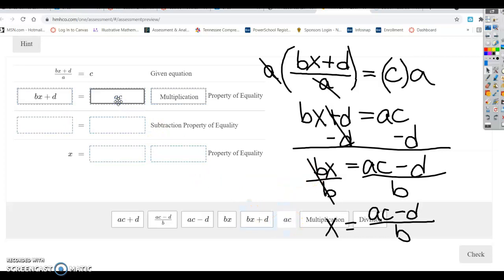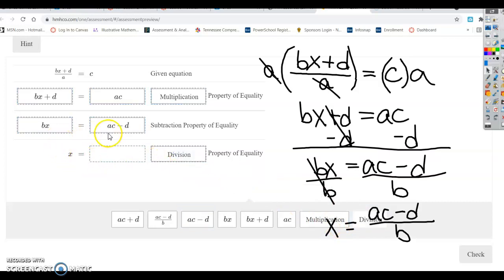Good. Then it says subtraction property, so they subtracted d from both sides. If I subtract d from this side, it leaves me with just bx, and if I subtract d from the other side, I have ac minus d. Then I had to divide by b on both sides, so that was my division property.